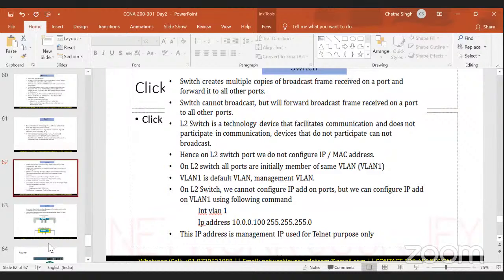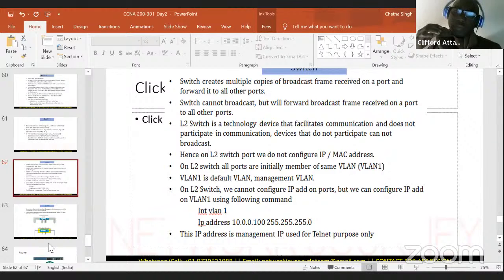So this is important. On an L2 switch, we do not configure IP. It's a data link layer. Layer 2 is not meant for IP addressing. It is only meant for physical addressing. So there is no IP configuration which we can do on a layer 2 switch.